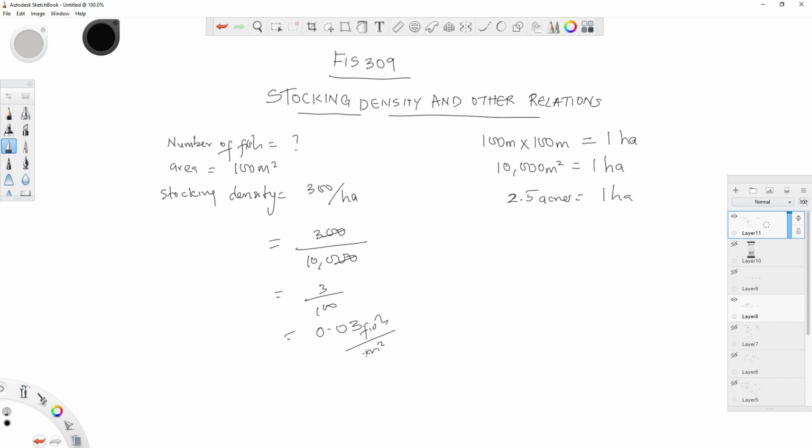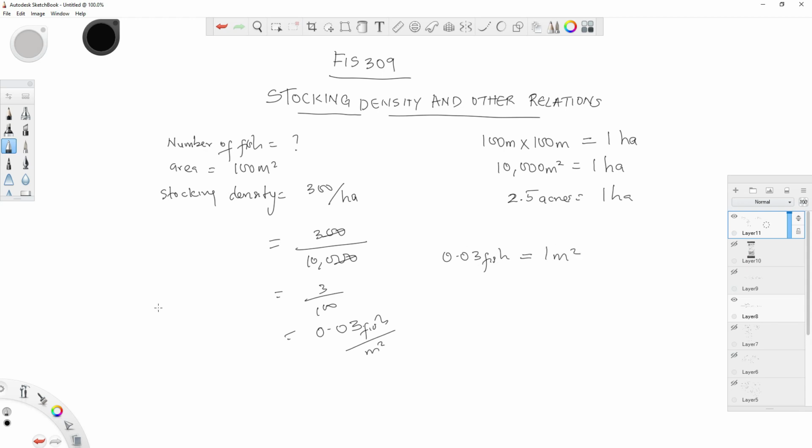Now we can come back to our question. The stocking density from what we have is 0.03 fish to 1 meter square. This is the stocking density from what we have gotten.